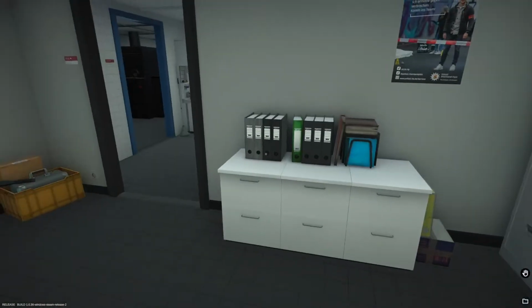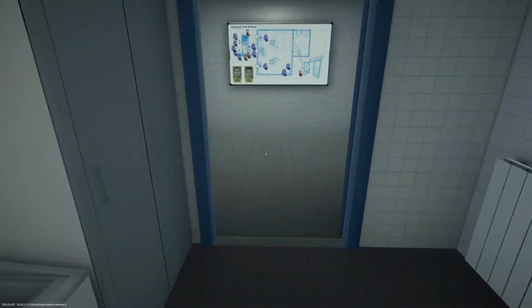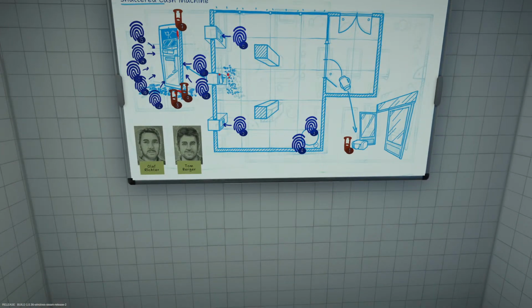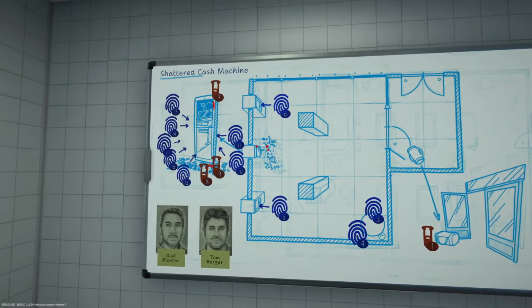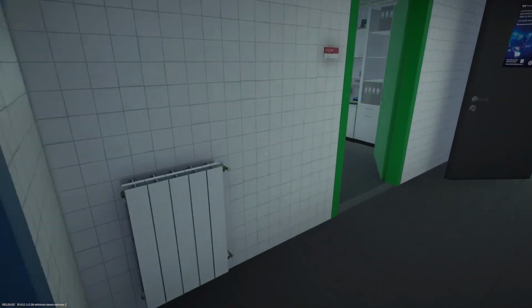Okay. So, are we missing something? We got the blood, right? Huh.